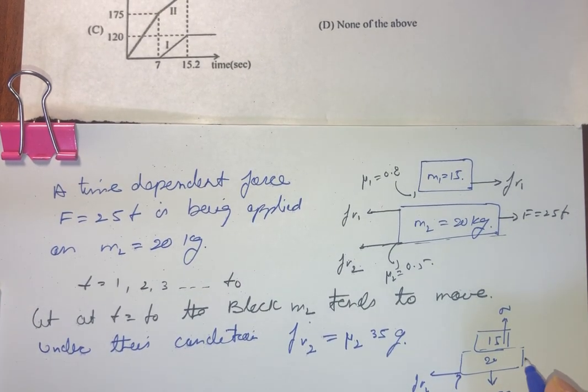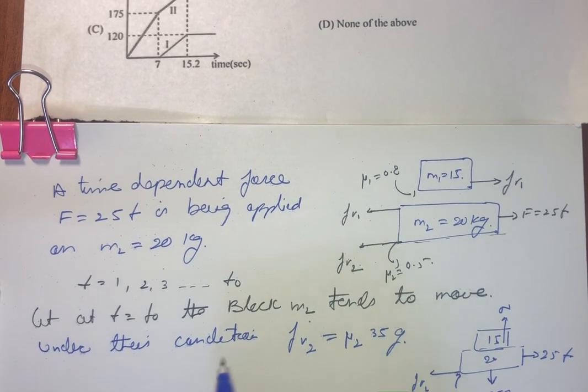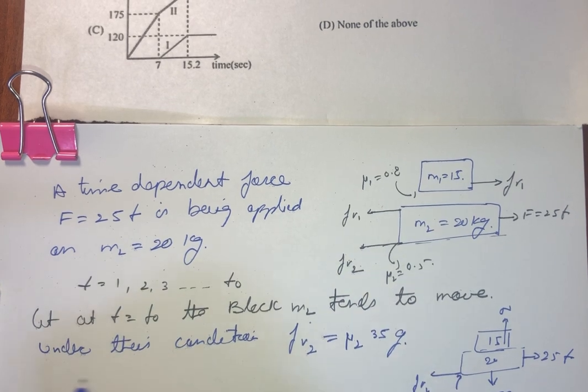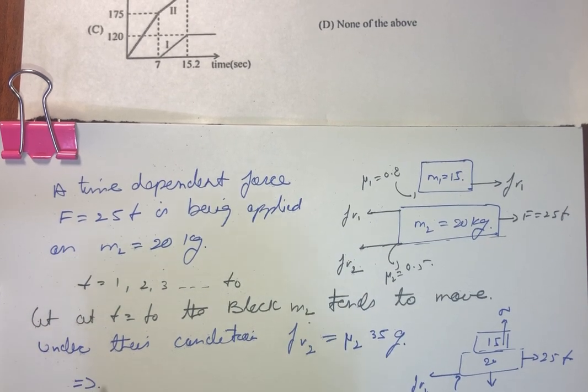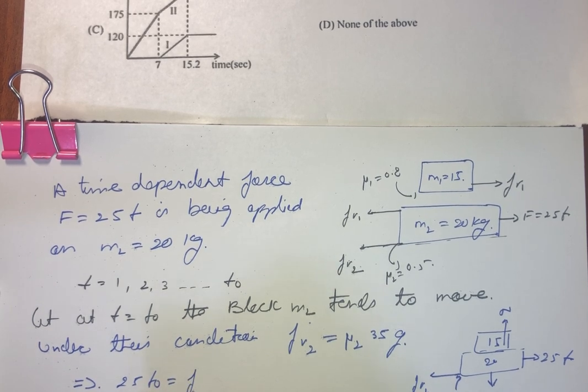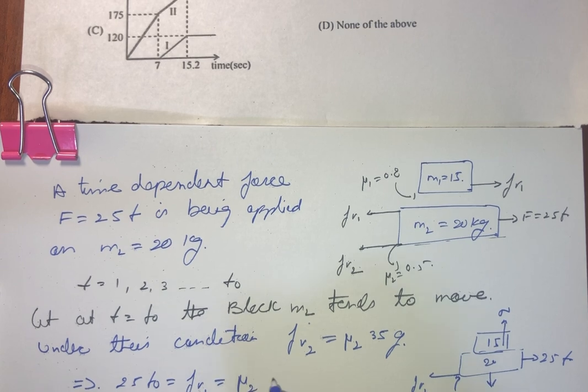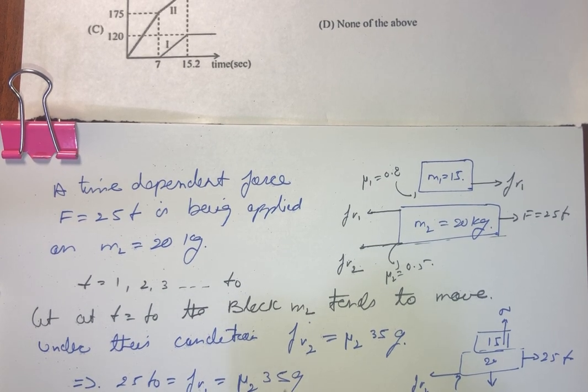And it is being pulled by a force 25T. Or we can simply say this implies that 25 T0 will be equal to FR2, which will be equal to mu2 into 35 g.